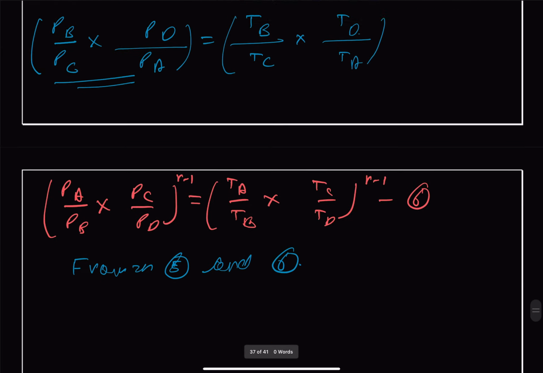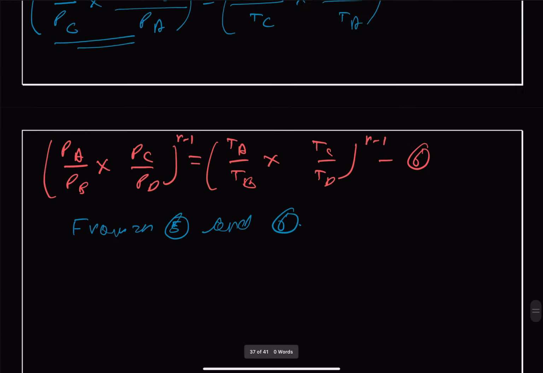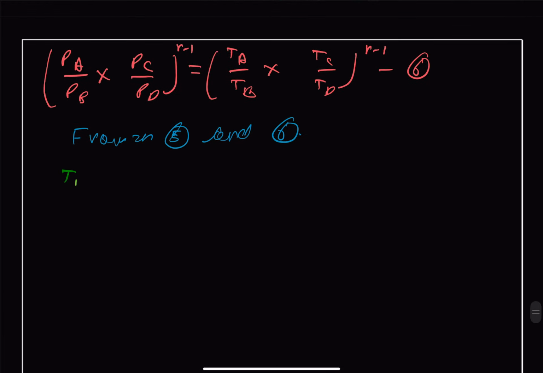So we get TA upon TB multiplied by TC upon TD whole raised to power gamma is equal to TA upon TB multiplied by TC upon TD whole raised to power gamma minus 1.